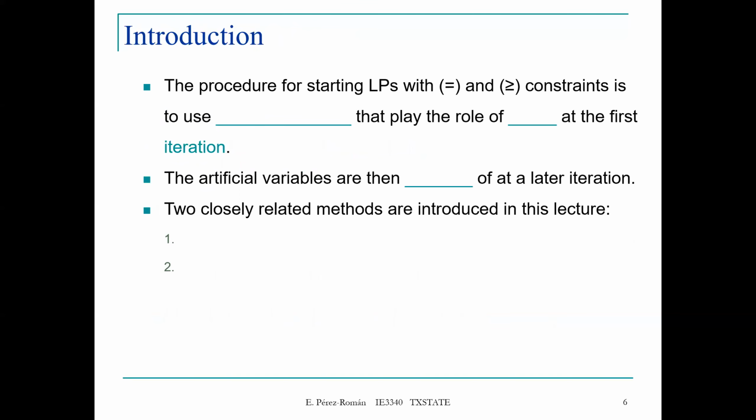The procedure for starting linear programs with equalities and greater or equal to constraints is to use artificial variables that play the role of the slacks at the first iteration. The artificial variables are then disposed of at a later iteration. Two closely related methods are introduced in this lecture, the M method and the two-phase method.